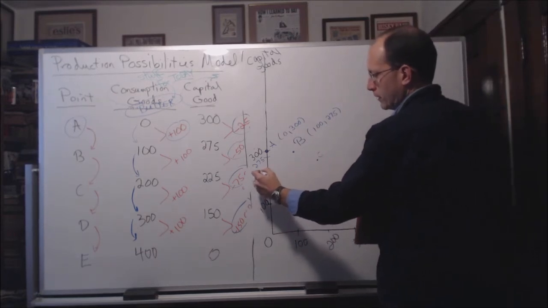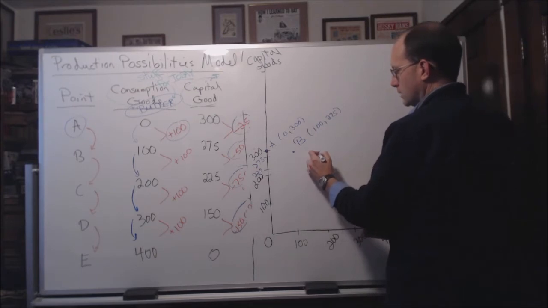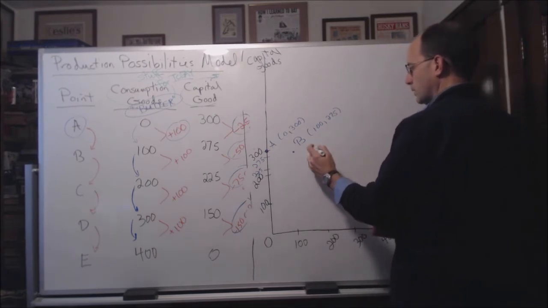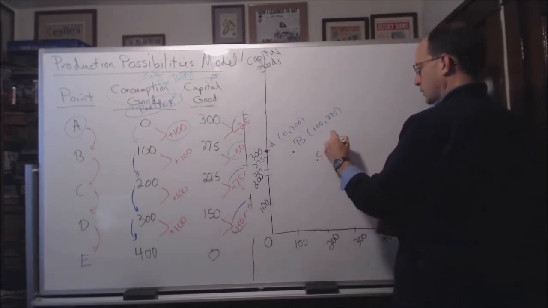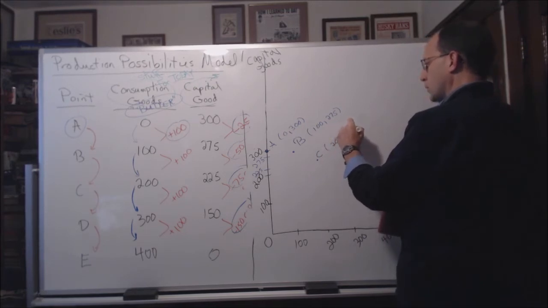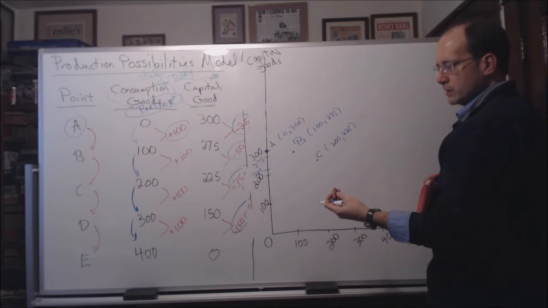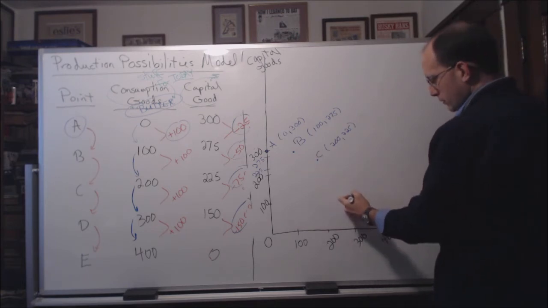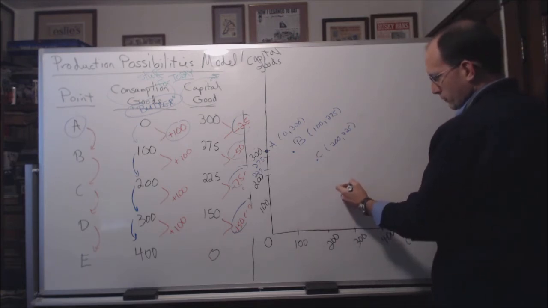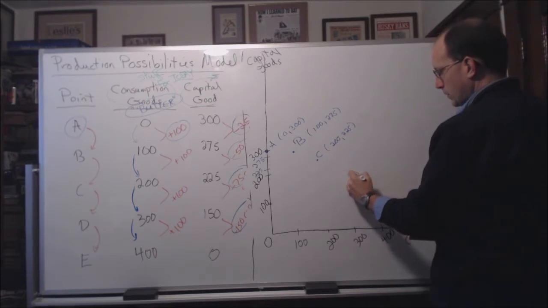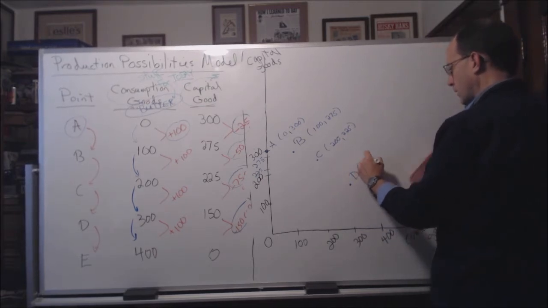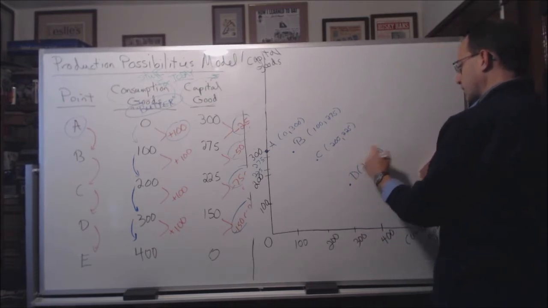So here's 225 on the y-axis. That's combination C, (200, 225). Or we could do D, right, with our inputs and the technology we have. D is 300 consumption and 150 capital. That's here, (300, 150).